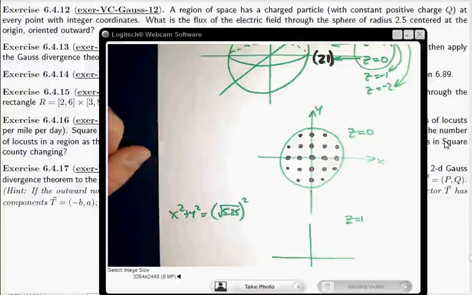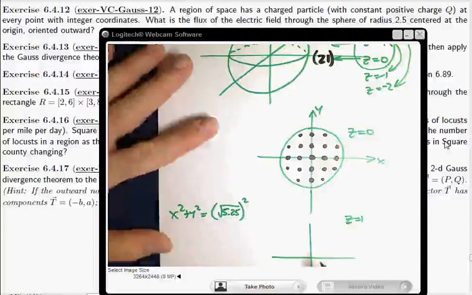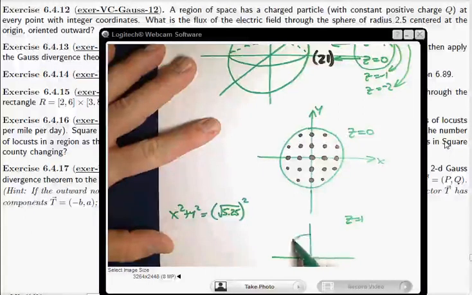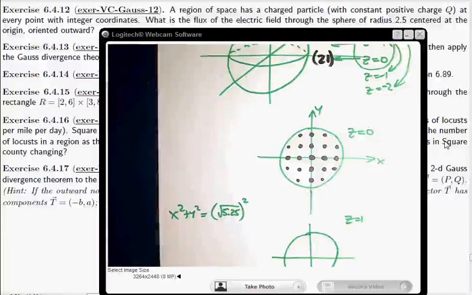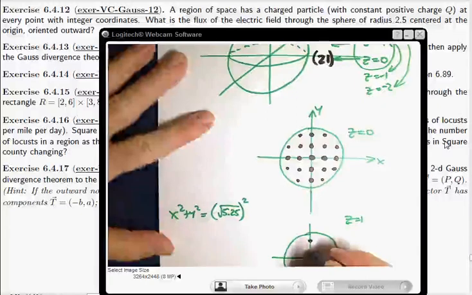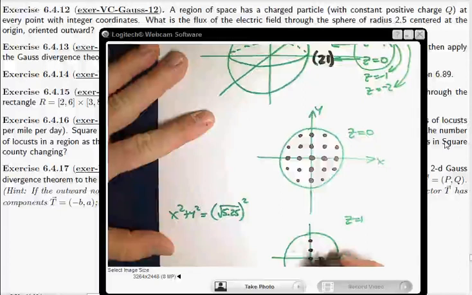It's less than 2.5 by a little bit, but it's more than 2, so it's somewhere in the 2.5 range. I'm going to draw a slightly smaller circle here. Again, you have to decide which points are in and which points are out, and it's just counting. Hopefully you're getting the idea here.